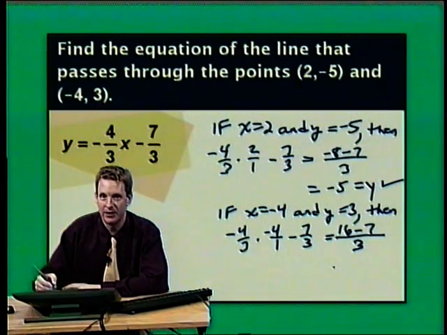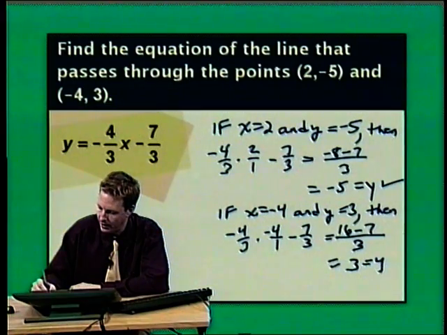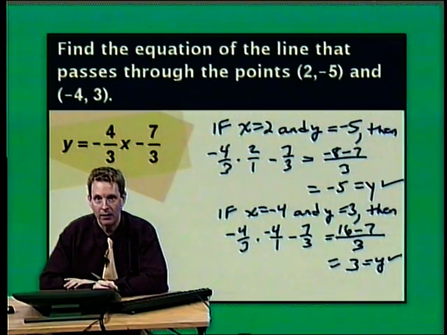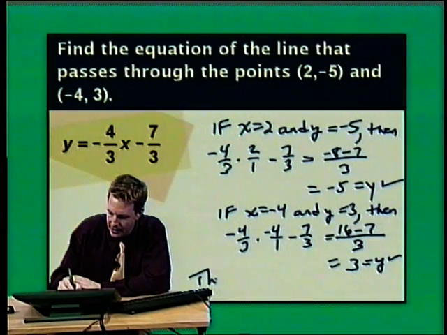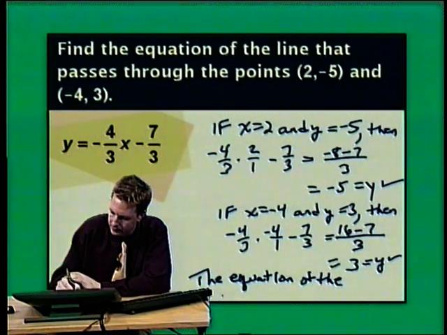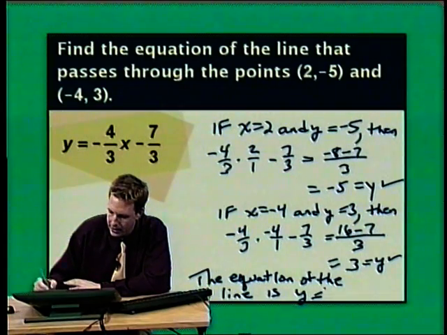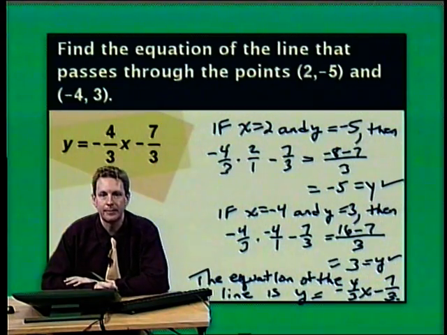And guess what? 3 goes into 9 3 times. That's the value of y. This checks as well. Let's go ahead and state our conclusion. The equation of the line is y equals -4/3 x minus 7/3.